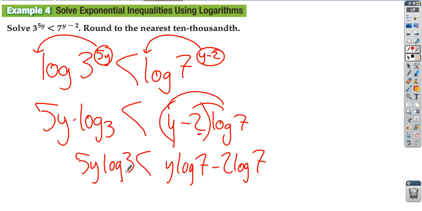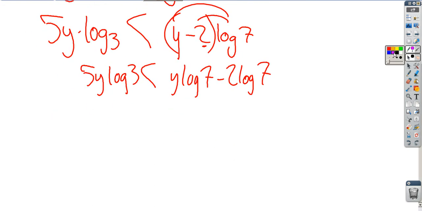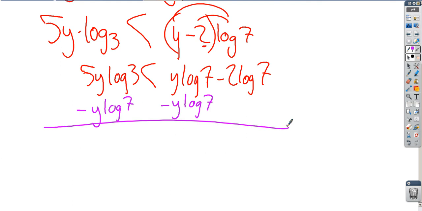Now what we want to do is get all of the y's together on the same side. The easiest way to do that, of course, would be to just subtract this term right here, because that has a y in it, so we want it to be on this side. So we will have 5y log 3 minus y log 7.